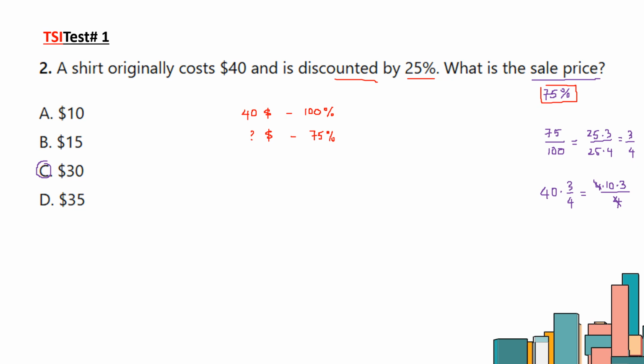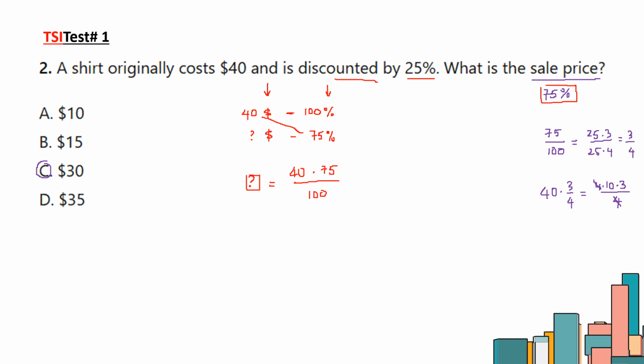Okay, so cross multiply, divide by the rest. The question mark is what the question asks about, right? So we have 40 times 75 and then over 100. And remember, for this method, the columns have to be the same unit. See that?